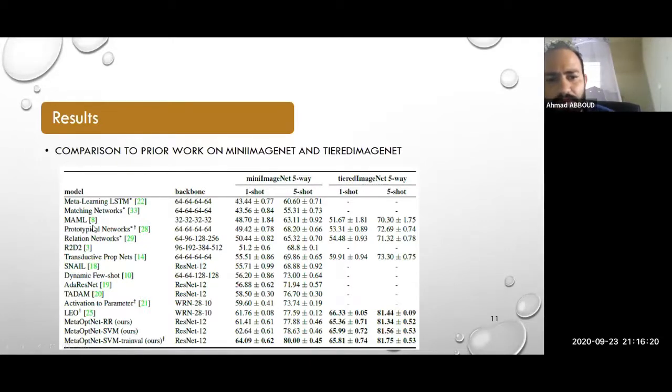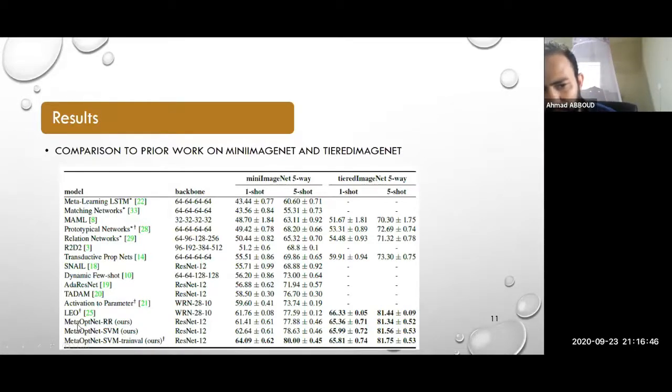So they compare it to MAML, and to relational network, R2D2, and ProtoNet. And if you want to go directly to the result, they make a good result. You can see that the best results are when they add the MetaOptNet, their network, with a ridge regression head.